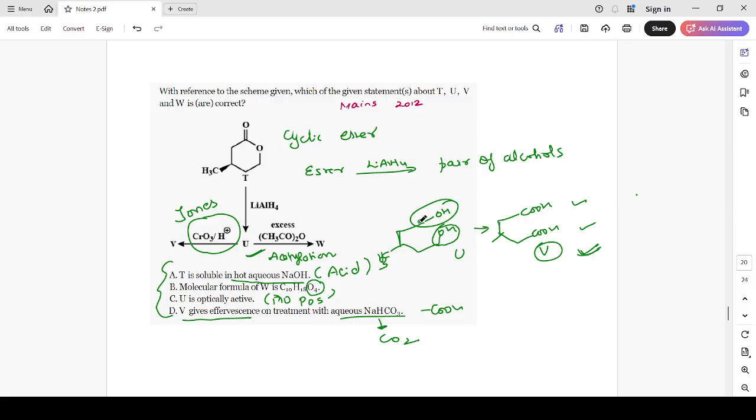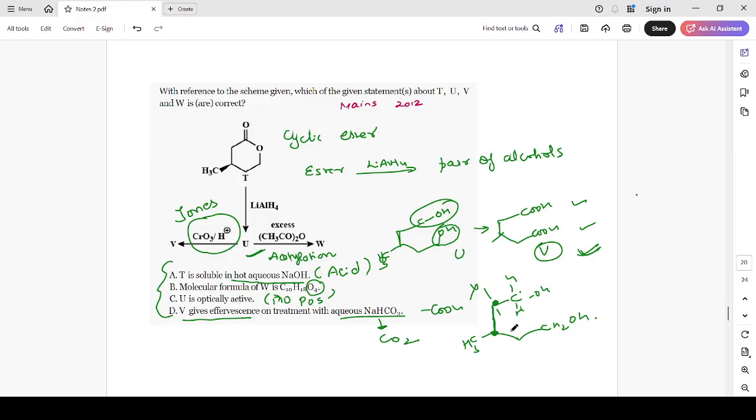Okay, we are looking at U now. U is optically active. So look at the compound we are having here: CH2OH, CH3, CH2OH here. Looking at this carbon, 2 hydrogens, not chiral.